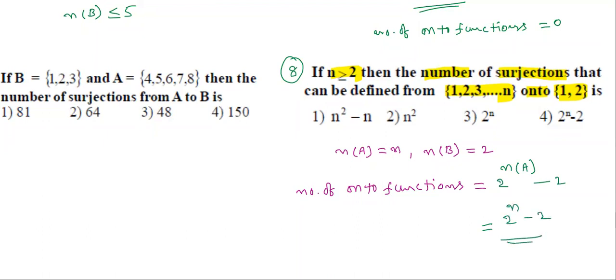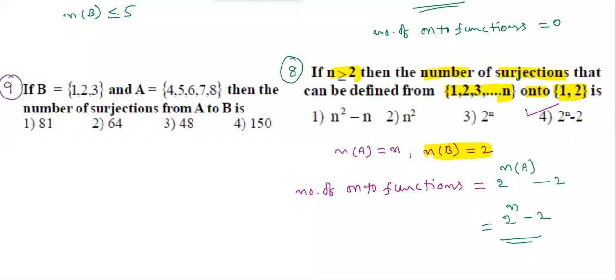This is the answer. When n(B) has exactly 2 elements we can use this formula, otherwise we can't use it. So the correct answer is the fourth option.